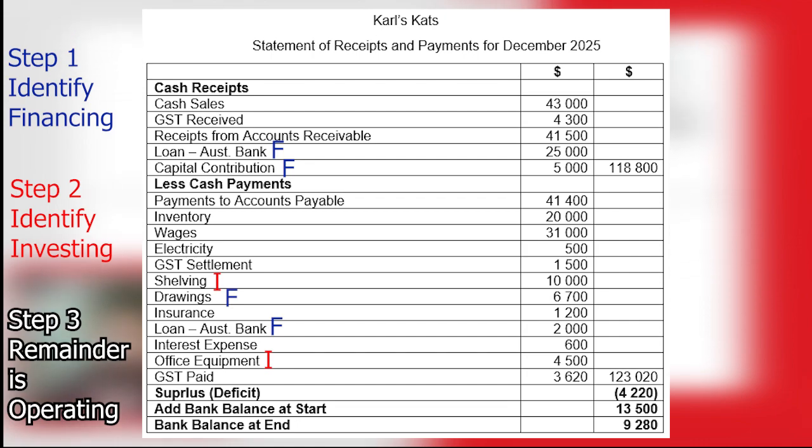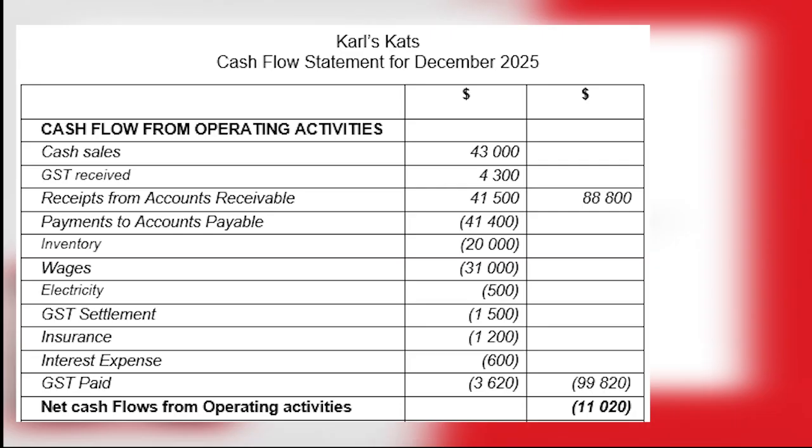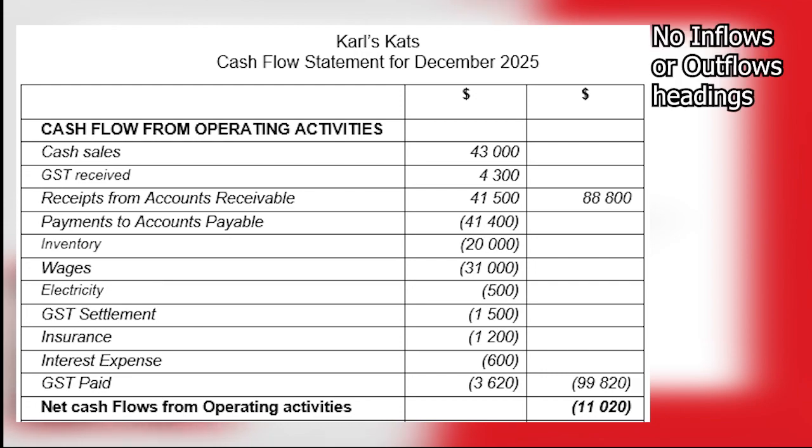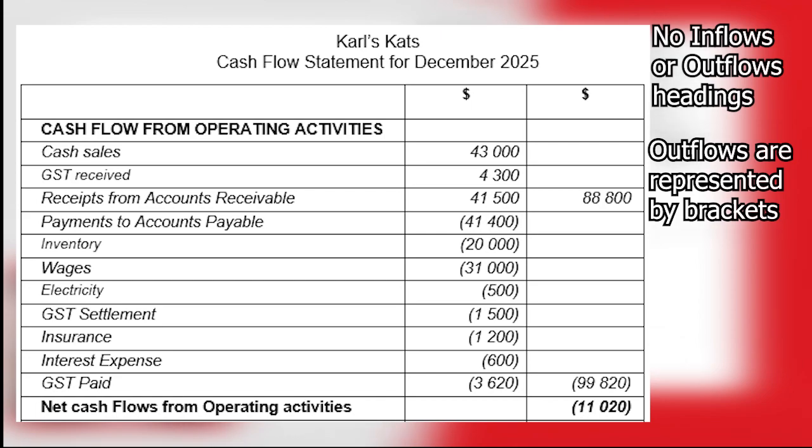What we're going to do now is construct our cash flow statement. And this time we do operating first. So any O's we put first. And just in the interest of clarity, I haven't done cash inflows, cash outflows. I've done the outflows to be represented by a bracket. So any cash inflows or cash receipts are positives. Any cash payments will be in brackets.